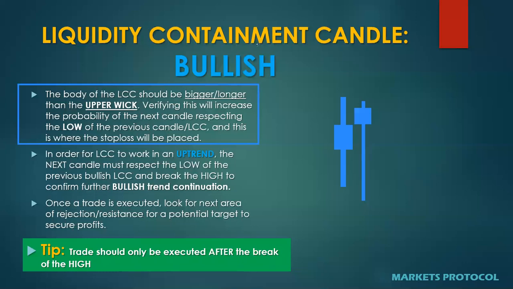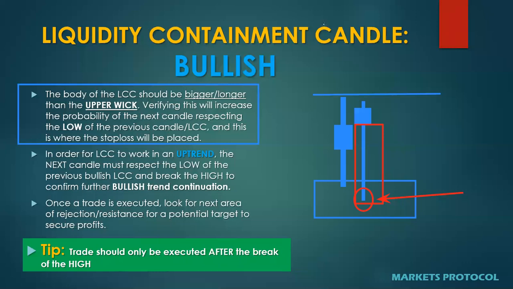So what you need to verify is that the highs are contained if you're looking for a bullish containment candle, the low is broken, and we also have a liquidity grab. This liquidity grab is where investors, hedge funds, and bigger institutions grab the price and start moving back up.